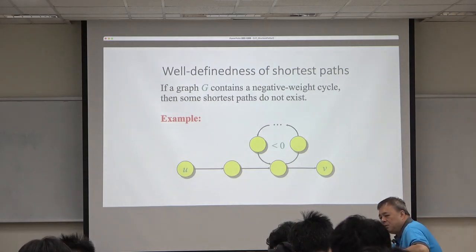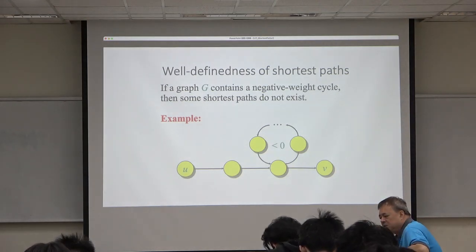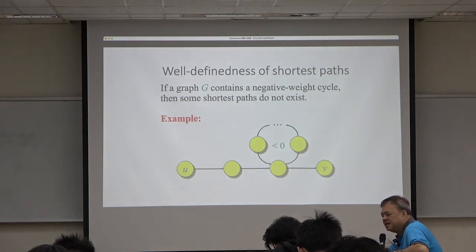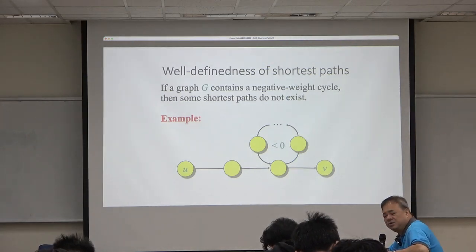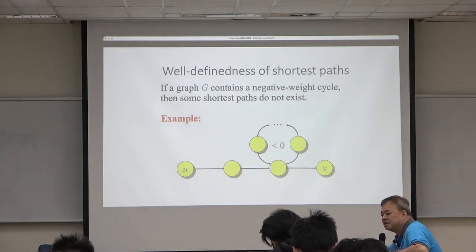So you could create a path with the weight as low as possible. It is pretty much unbounded, right?